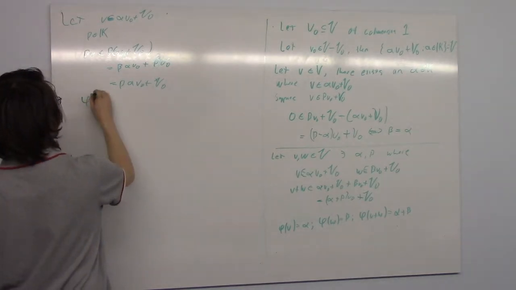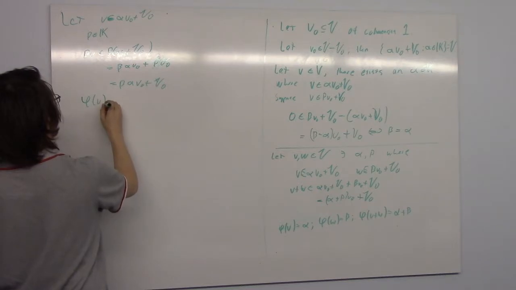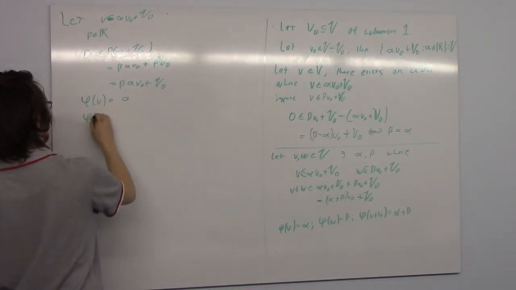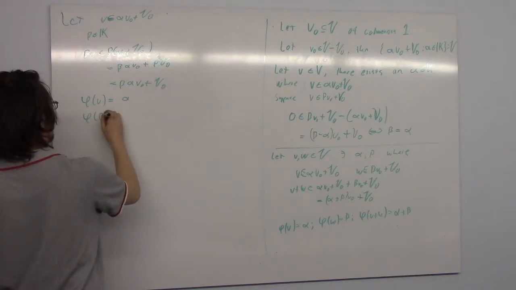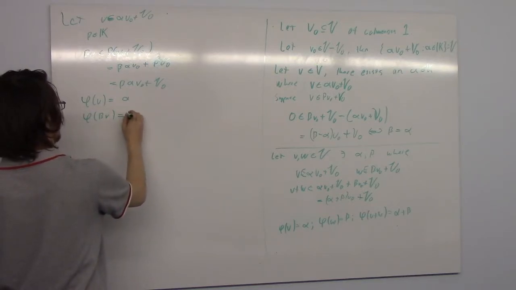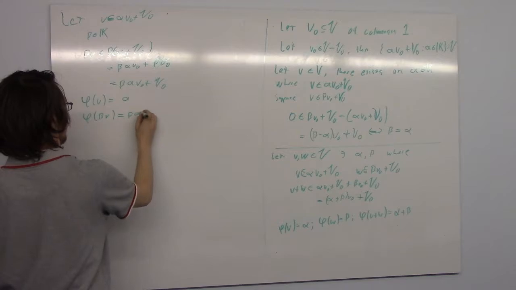So we get phi of V equals alpha, phi of beta V equals beta alpha.